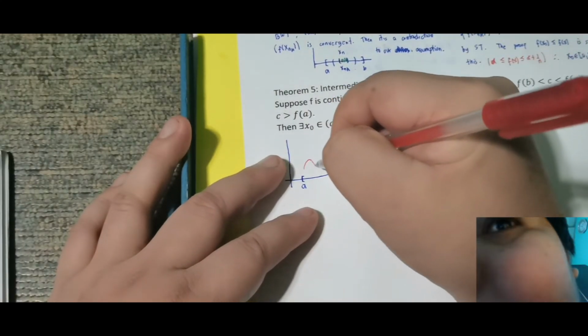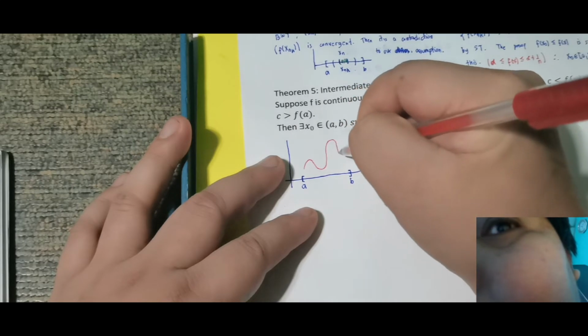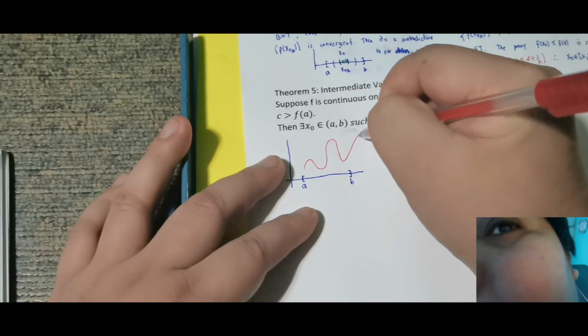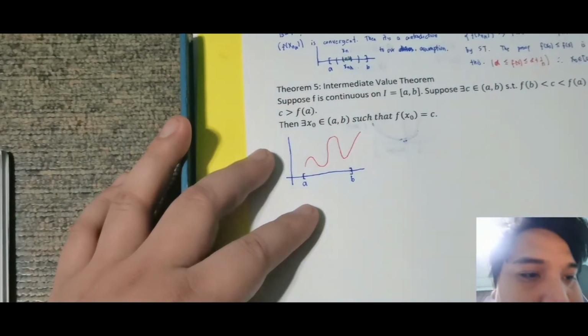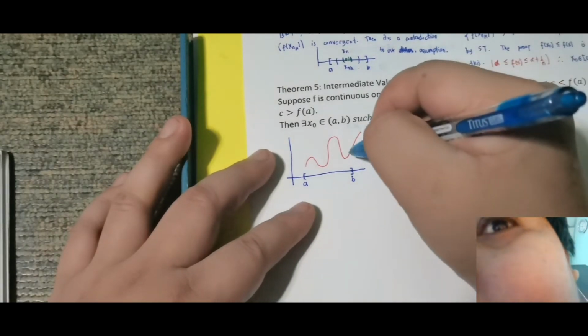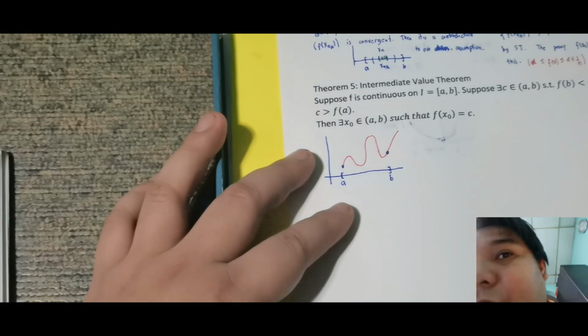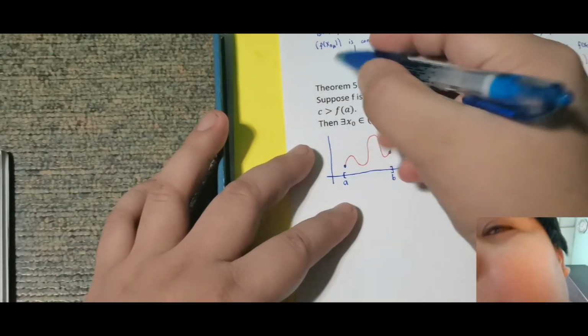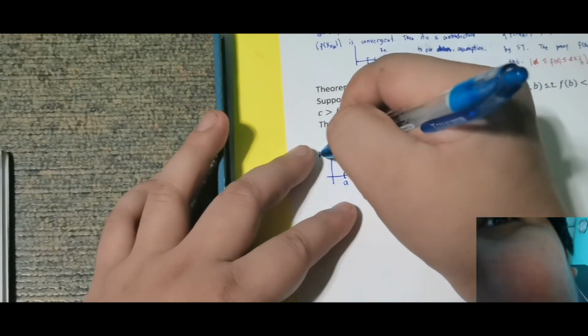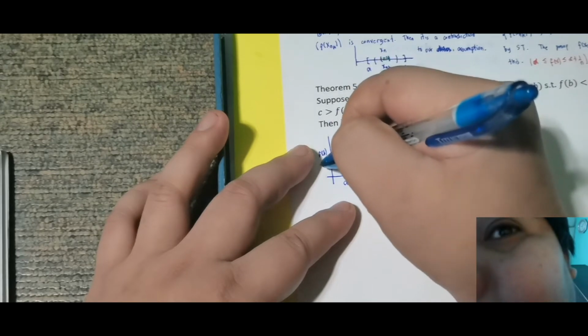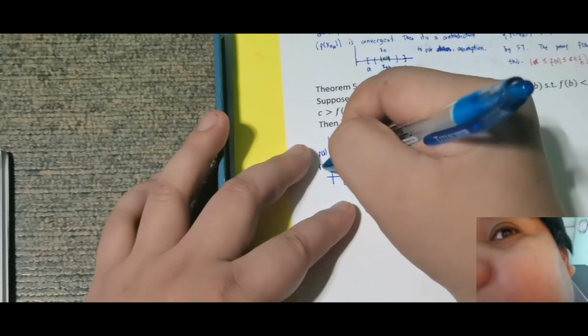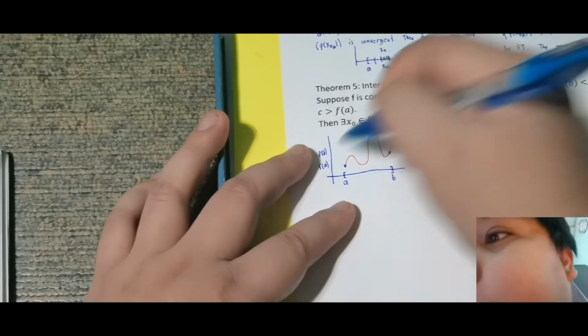Nagawa na lang ako ng kakaibang curve. Okay, so meron dito si f of B, si f of A. Okay, si f of B, nandito yan. Tapos ito si f of A.